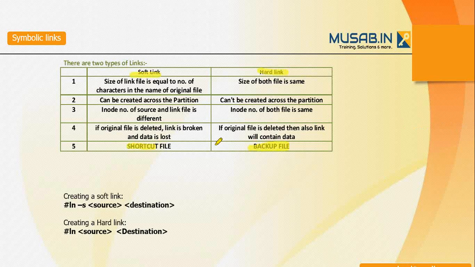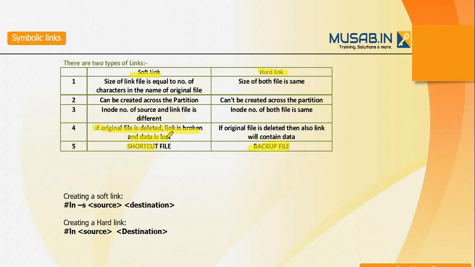The thing is, in case of soft link, if the original file is deleted, then the link is broken and the data is lost. Obviously, assume that you have data in C program files and you have kept the shortcut on desktop.